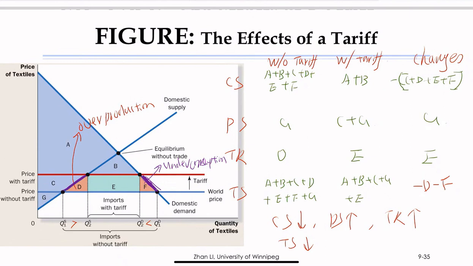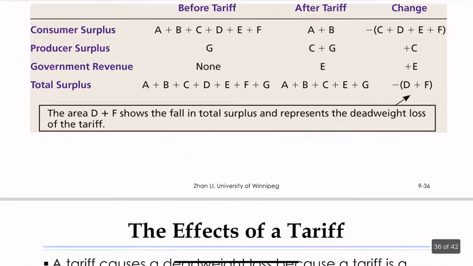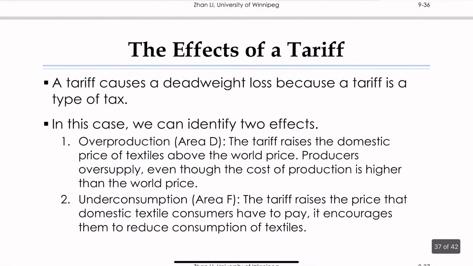However, because of the tariff, which increases the price in the island, these consumers on this section won't be able to afford these textiles at a higher price. So in this case, this part of consumer surplus will be lost, right? Due to the underconsumption. Okay, great. That's for today's class.